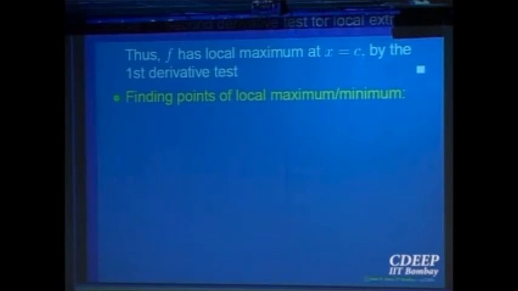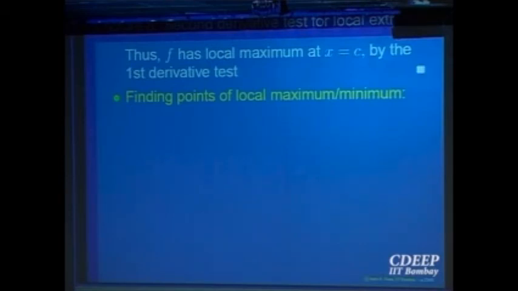Now you say something about the second derivative. If the second derivative is less than 0, then it is a local maximum. If the second derivative is bigger than 0, then it is a local minimum. And the proof, you are forced to look at in only one way, because the only condition given to you is about the nature of the second derivative. So analyze the definition of the derivative, that is, the second derivative is the derivative of the derivative.